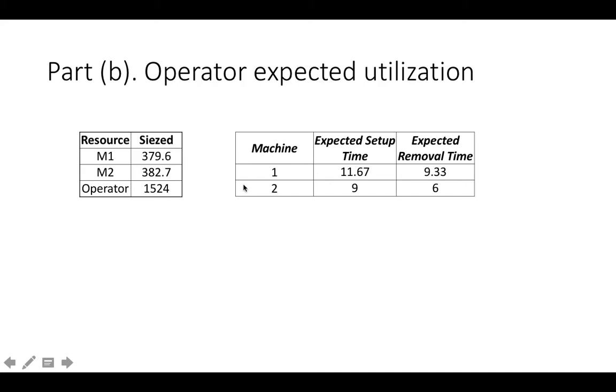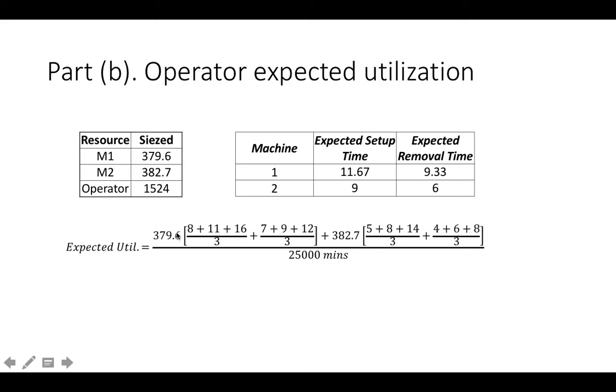Okay, so in general, we need the number of parts that were seized in machine 1 and in machine 2, and we need to multiply it by the expected processing time. The expected processing time is the summation of these two expected values for machine 1 and these two for machine 2.